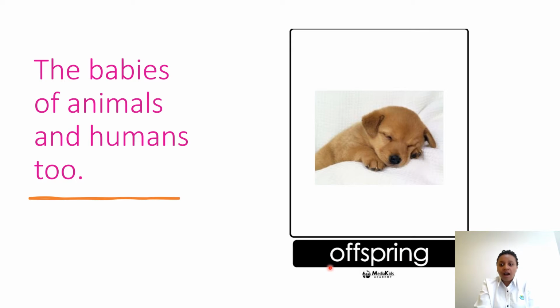Offspring. So offsprings are the little babies. So the babies of animals and humans too. So mom, dad, and offspring. So the baby is the offspring.